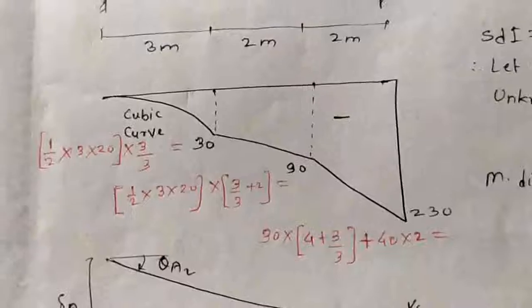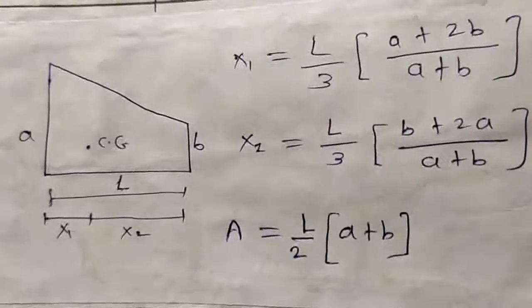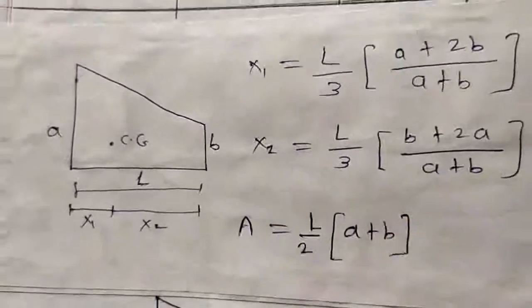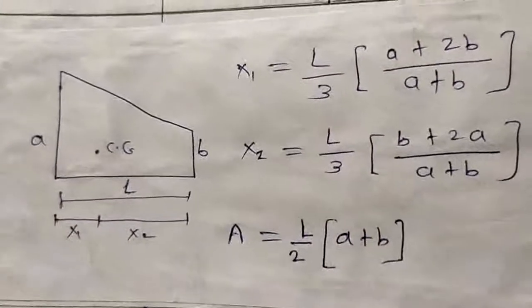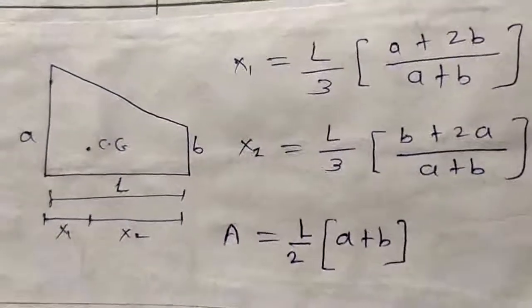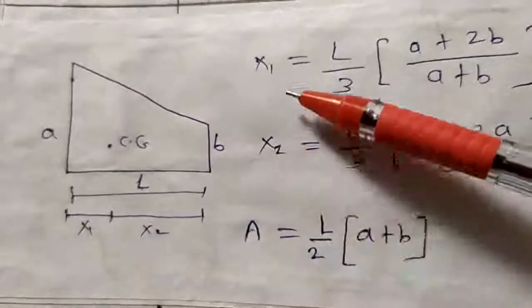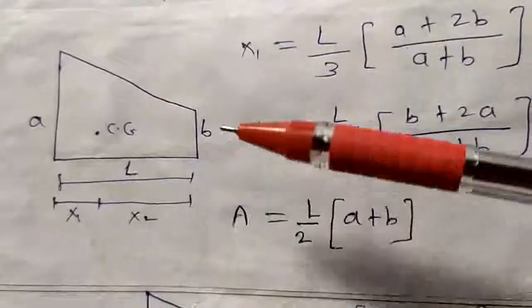So now come to the formula for the trapezoid. Here I have shown the area. Area is half of the sum of parallel sides into the distance between the parallel sides. Next, I have written the formulas for x1 and x2. x1 is the centroid distance from the A side, and x2 is the centroid distance from the B side.